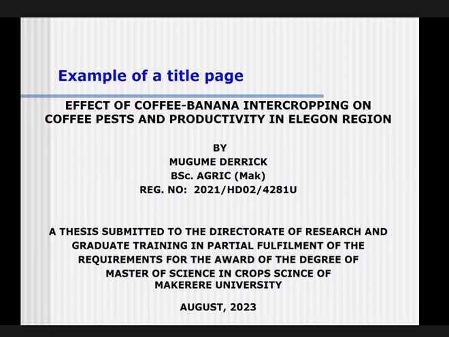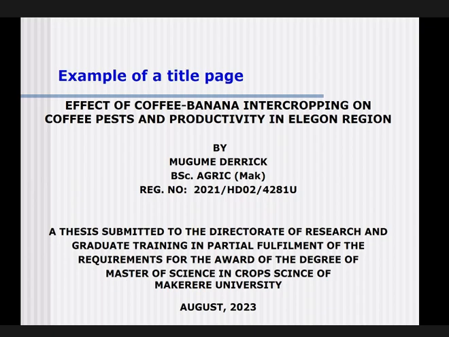This one will be followed by where the thesis was submitted and why it was submitted. So you write that a thesis submitted to the Directorate of Research and Graduate Training. This is where you are going to submit your thesis. And the reason for submitting is a requirement for the award of the degree.